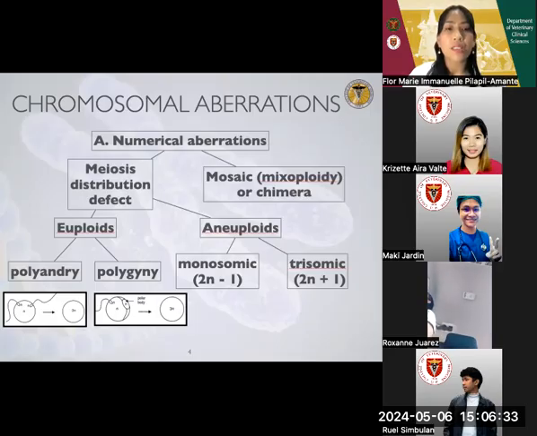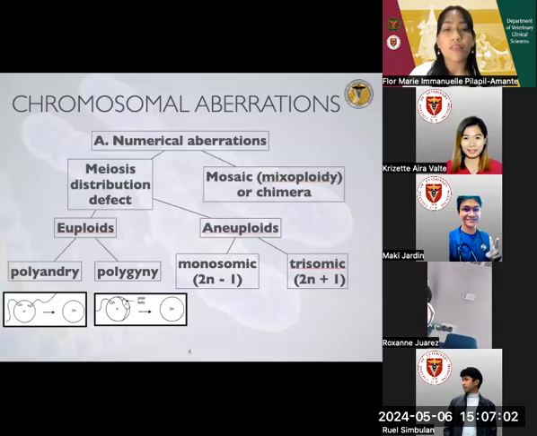Polyandry has more than one male pronucleus or male sperm in an egg cell, and that would then equate to 3n instead of the usual 2n. The other variation is what we call polygyny, meaning there is only one male pronucleus or one sperm cell, but more than one female pronucleus or egg, but still it equates to 3n.